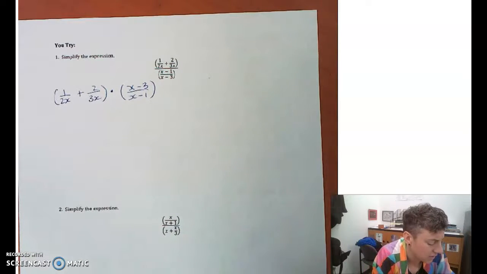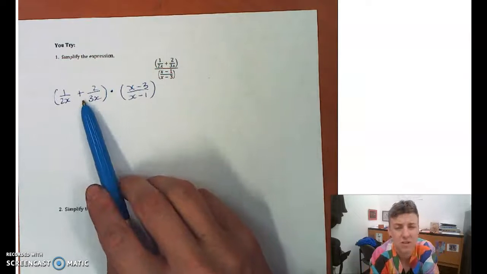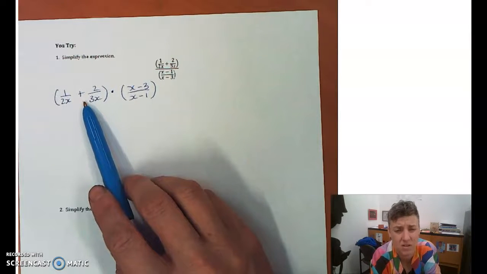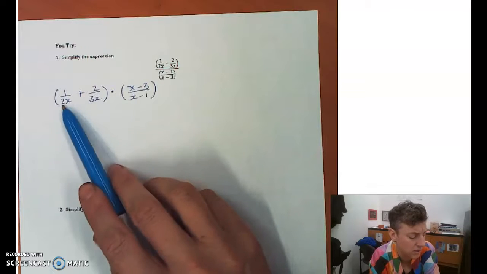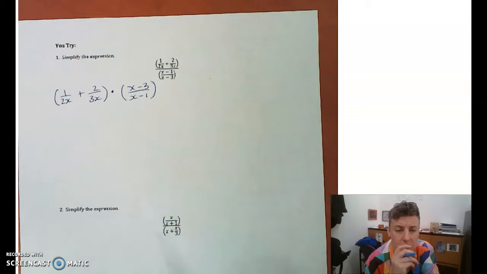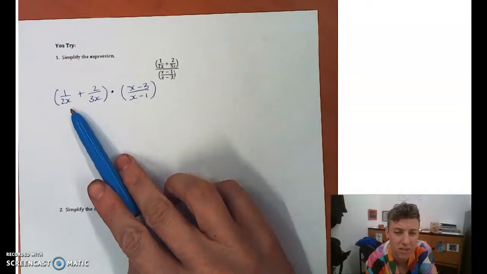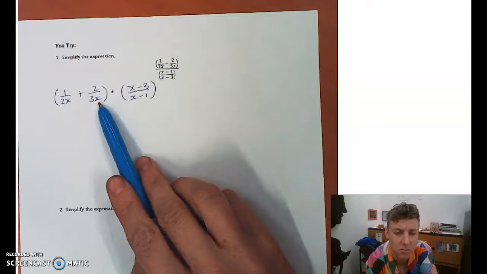But this actually isn't a fraction yet. These are two fractions being added together. So we're going to use our knowledge of adding fractions so that we can get these to add together. What's our least common denominator for these two fractions? Well, they both have an x.